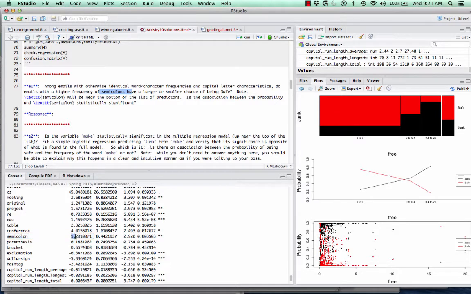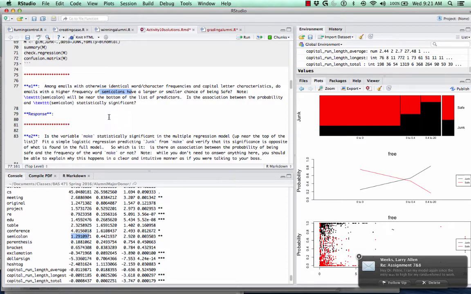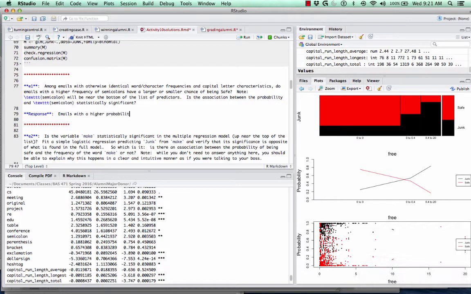So since the coefficient of semicolon is positive and our model is predicting the probability of being safe, all else being equal, emails with larger values of semicolon have a higher probability of being safe. Okay, so emails with a higher fraction of semicolons have a higher probability of being safe.